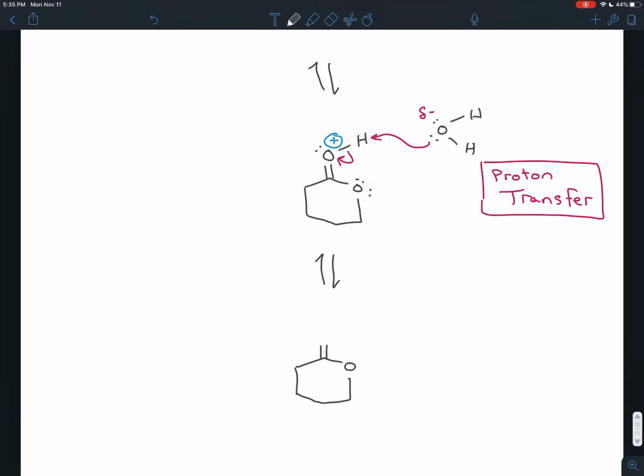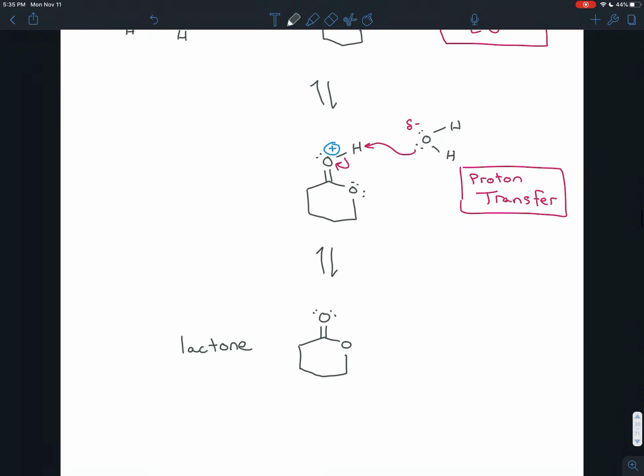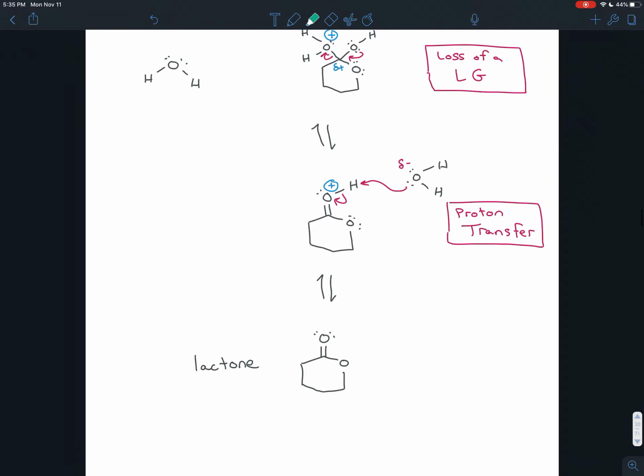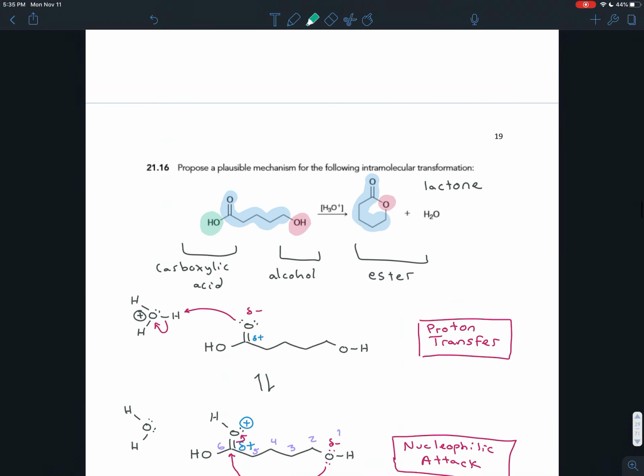Or, technically, because it's a cyclic ester, our lactone. And that's it for this molecule. That's the molecule that they wanted us to explain the making of. That is what we had over here, that lactone. And you'll notice the water that we made is also there.